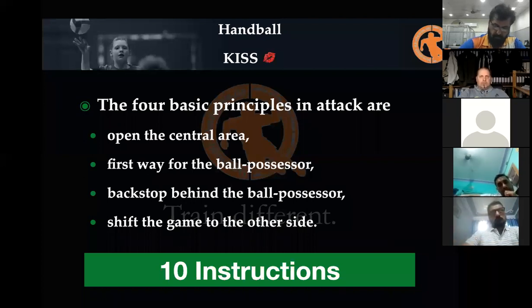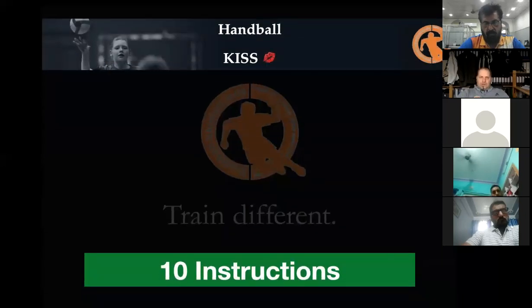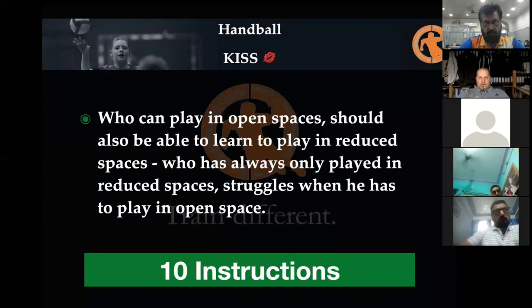And you should remember that very many of these aspects from the 4 basic principles were the basic elements of our type of cooperation and of team play in attack. Basic principle number 6 was about how we start our game with the young generation.